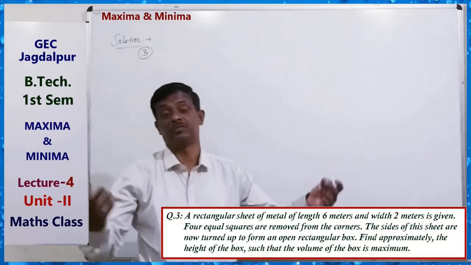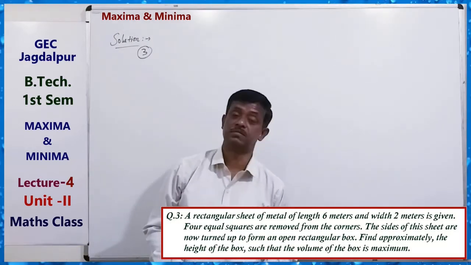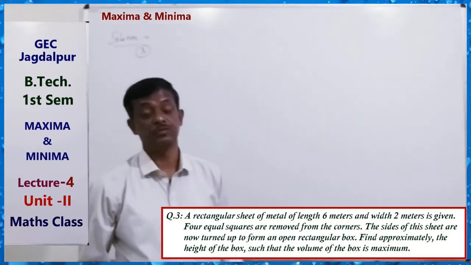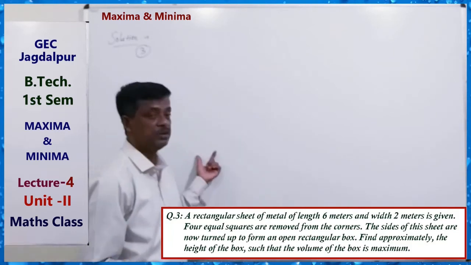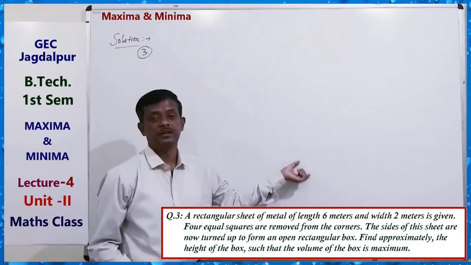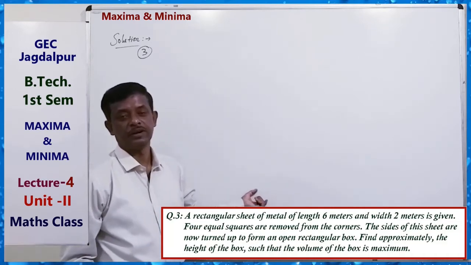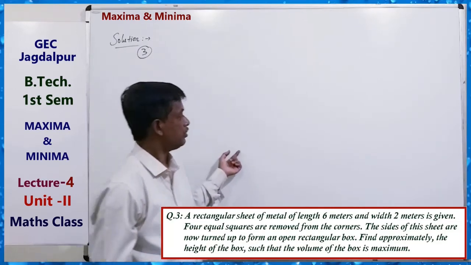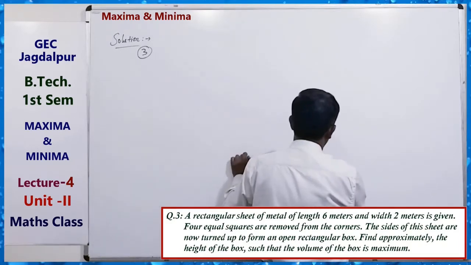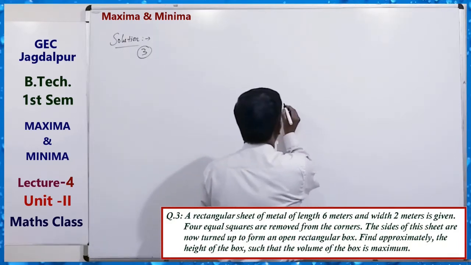Volume will be our function. Volume of the box should be maximum, so we have to establish the relation of volume in terms of some unknown quantity.